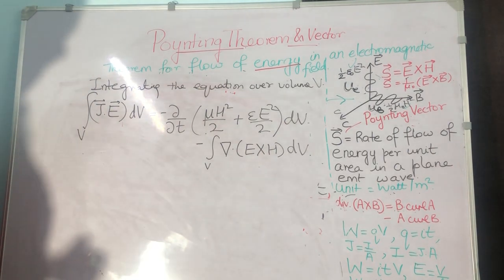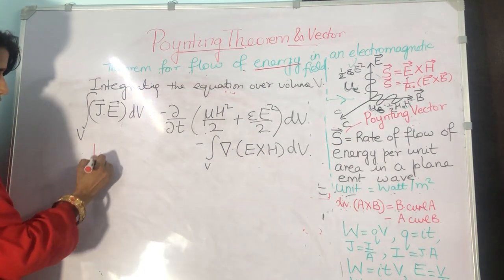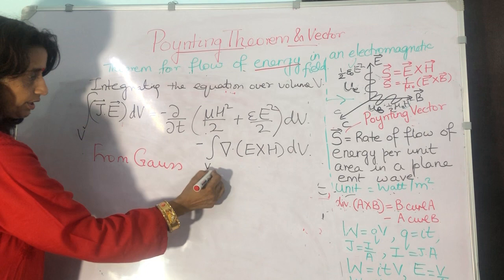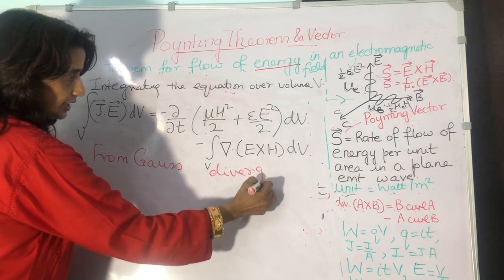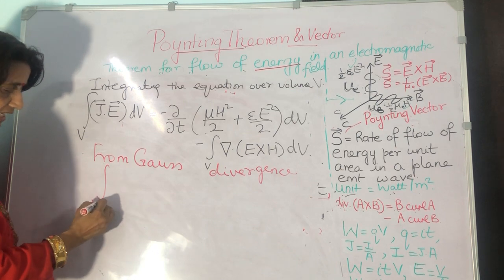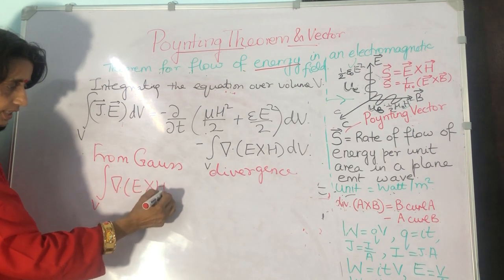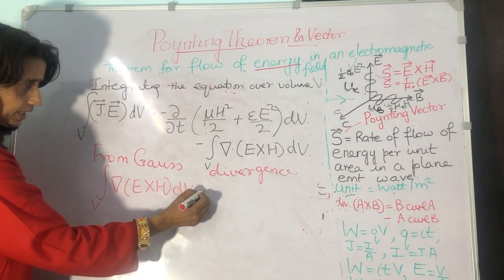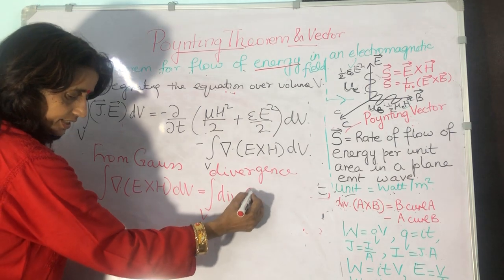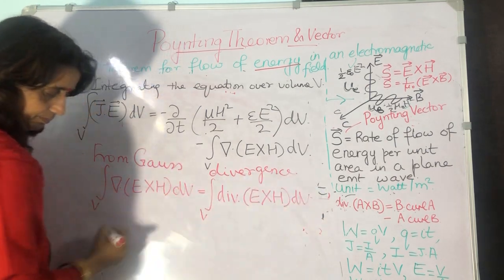Now, from Gauss divergence theorem, we get integral V del dot E cross H dV is equal to integral V divergence of E cross H dV.